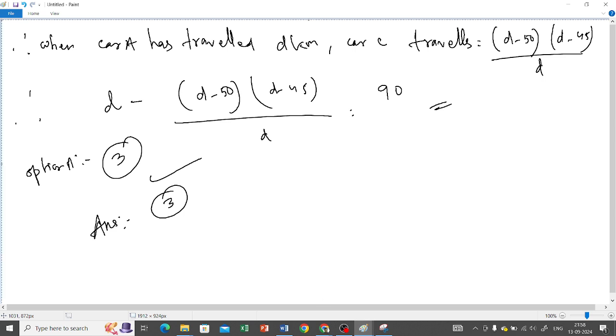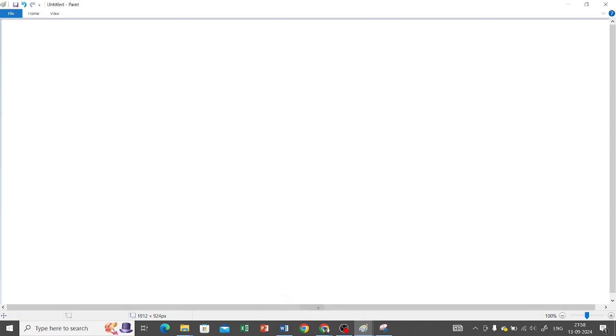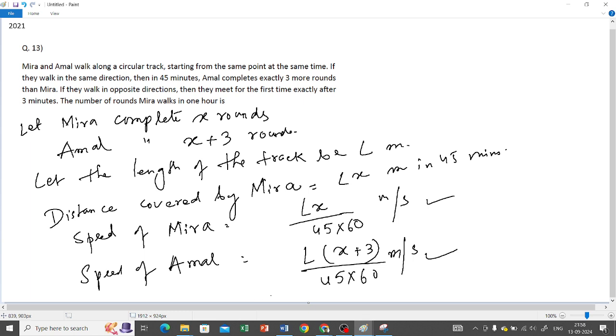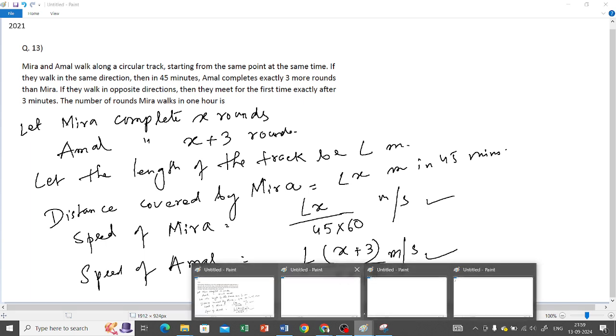Now do you remember those rules of circular tracks which I explained? The time after which two people meet together for the first time is, sorry, not LCM, L divided by A plus B, right? You remember that?